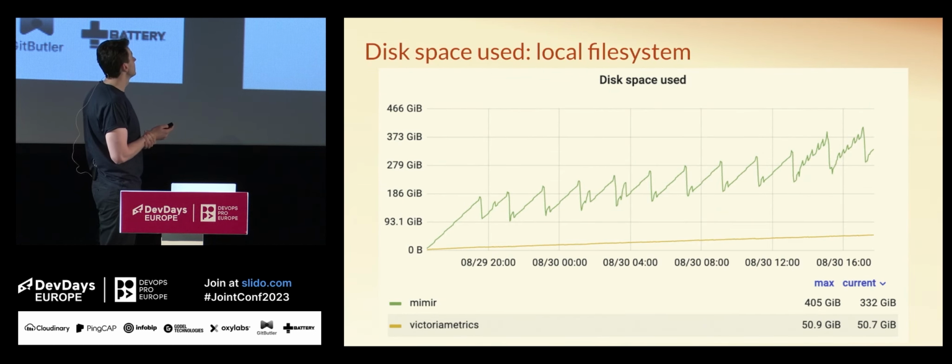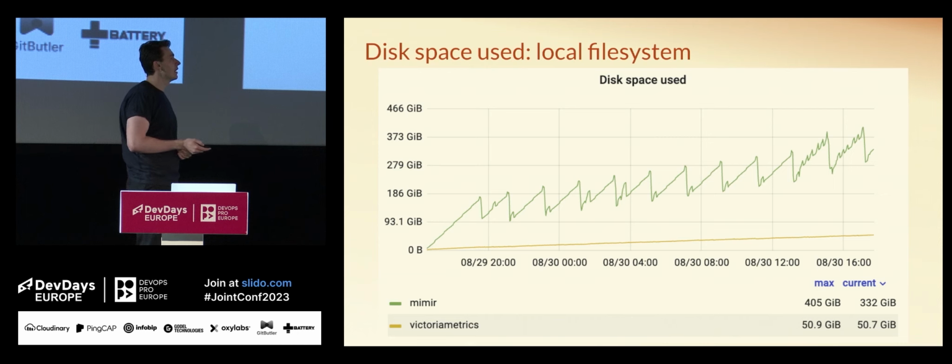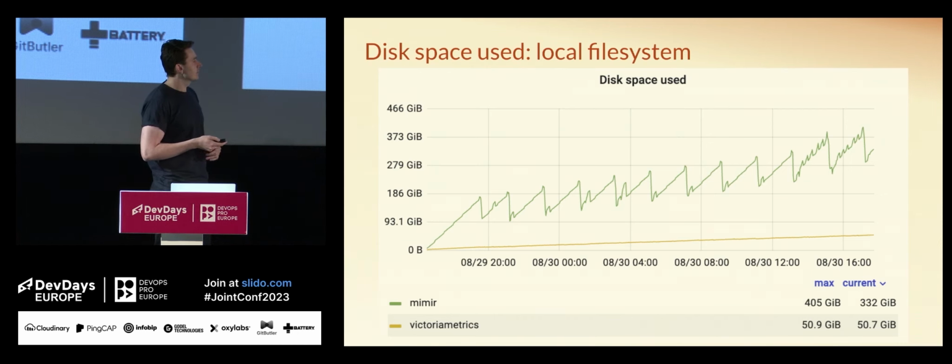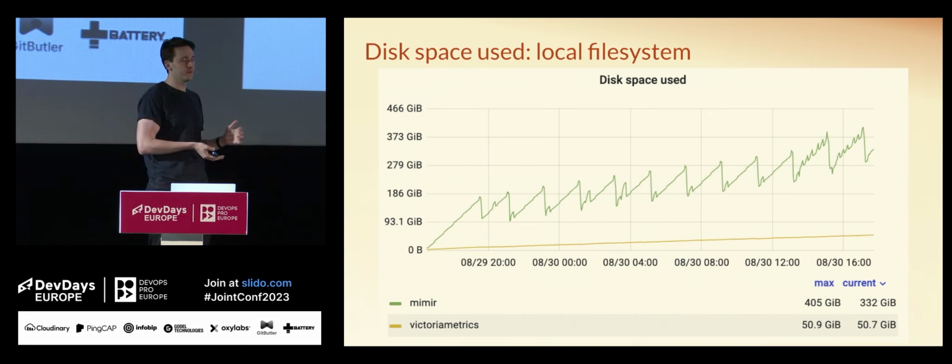Disk space used. You see that by the end of the benchmark, VictoriaMetrics was using 6 times less disk space. I said that Mimir stores data in object storage, but I also said that ingesters store data locally, recent data for 24 hours.